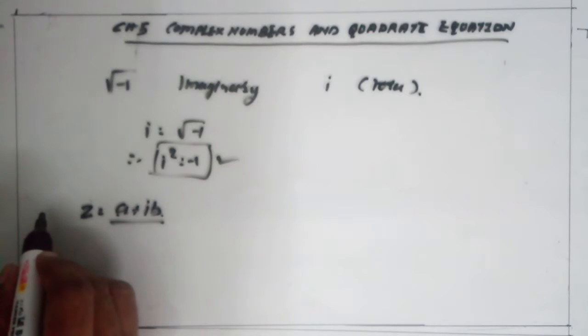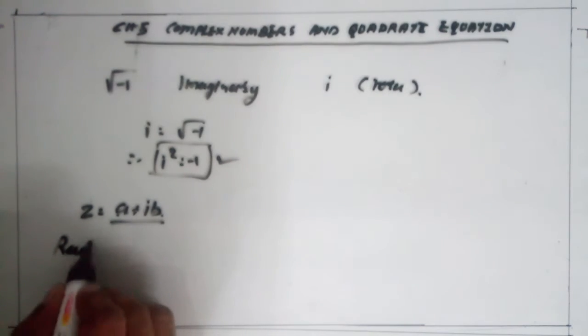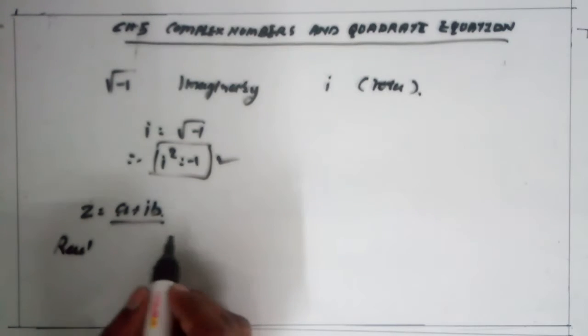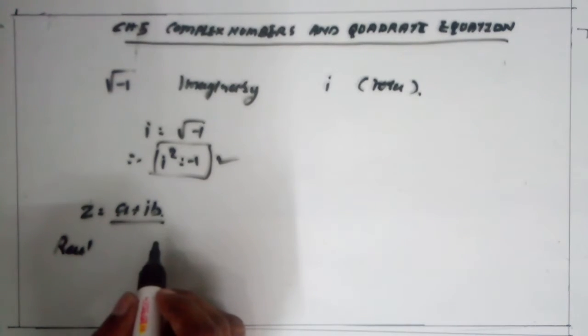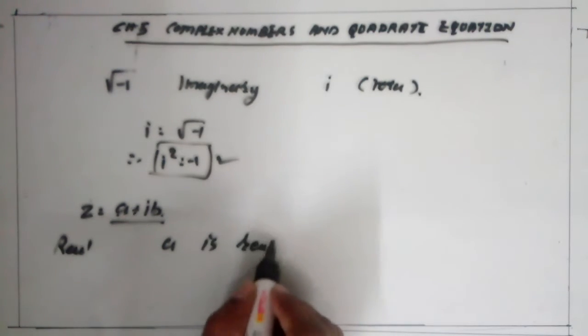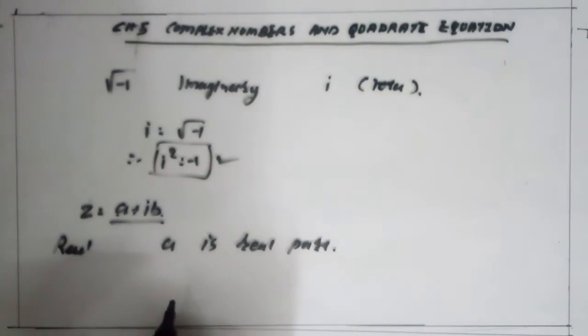Now real part and imaginary part of complex number. For complex number z is equal to a plus ib, a is called a real part of a complex number and is denoted by real z.